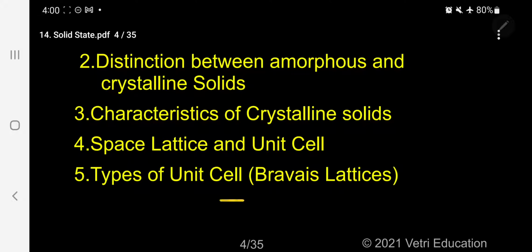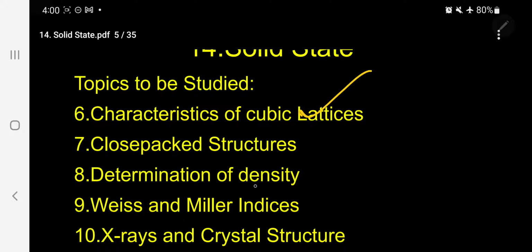The next, sixth, characteristics of cubic lattices; seventh, close packed structures, that is regarding one-dimensional, two-dimensional and three-dimensional structures; determination of density; Miller indices, X-rays and crystal structure, that is Bragg's equation. Under this we have to study. Finally, we have to study the defects of crystal.